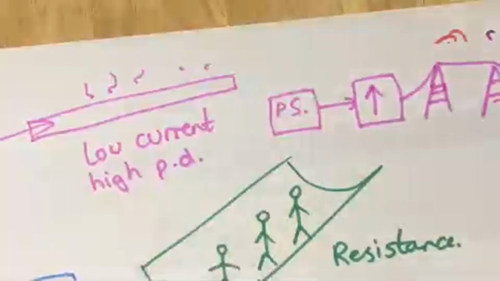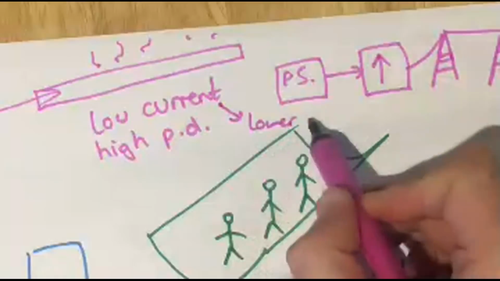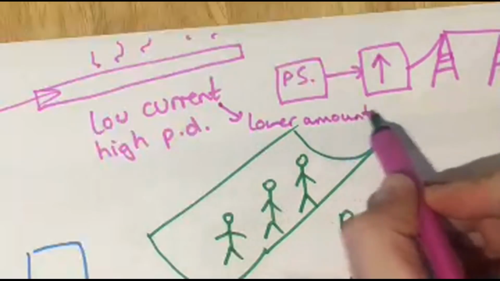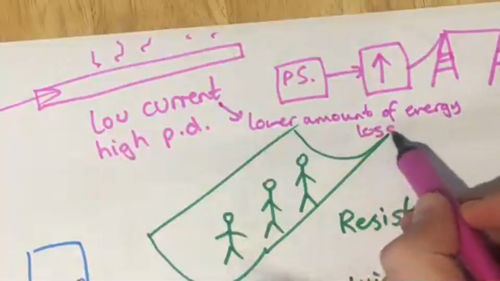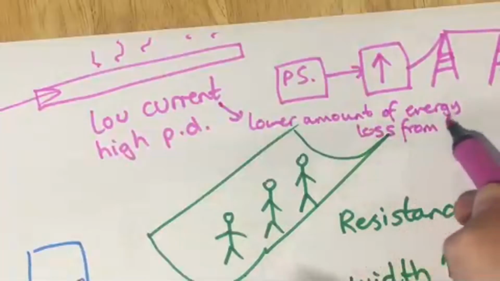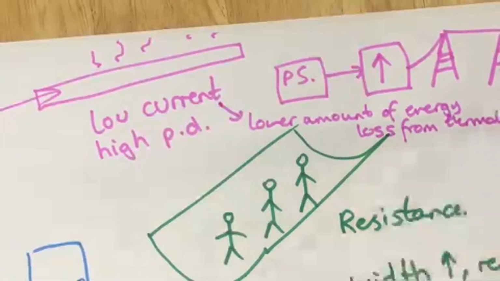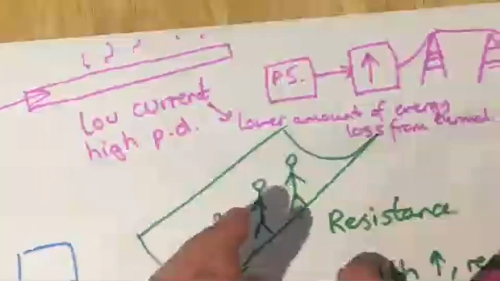So the key thing here is the way it reduces energy loss and why it's efficient is because it has a low current, and this means you have lower amounts of energy loss from thermal, because basically the wire doesn't get as hot.